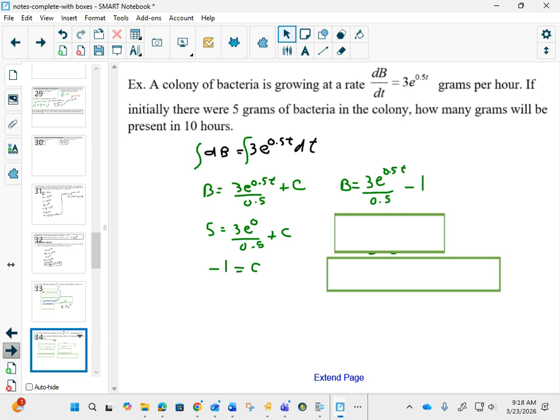How many grams will be present in 10 hours? Notice you can't plug the 10 into the equation that was given to you originally, because that gives you the rate of change. That tells you how many grams, not grams, it should still be bacteria based on the question, maybe the bacteria weigh exactly 1 gram.